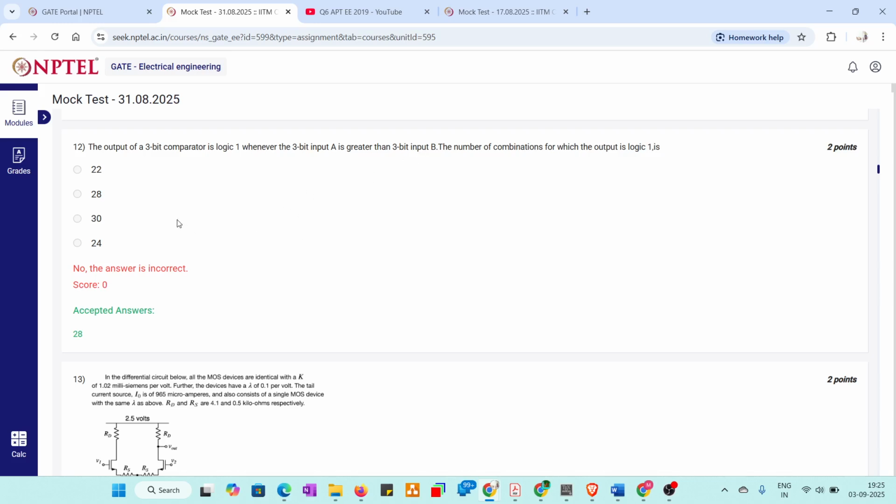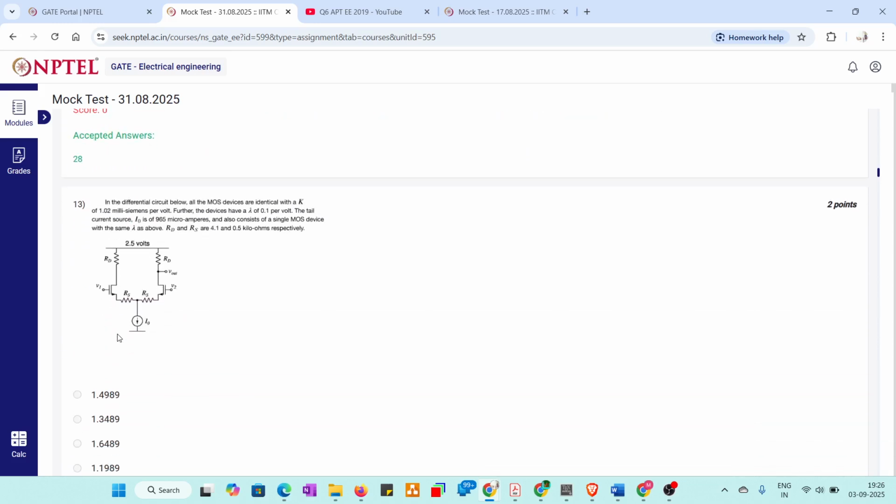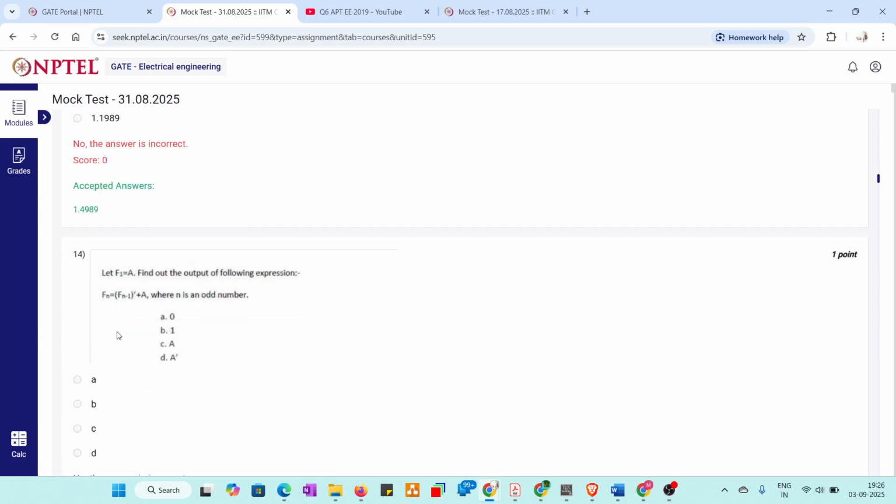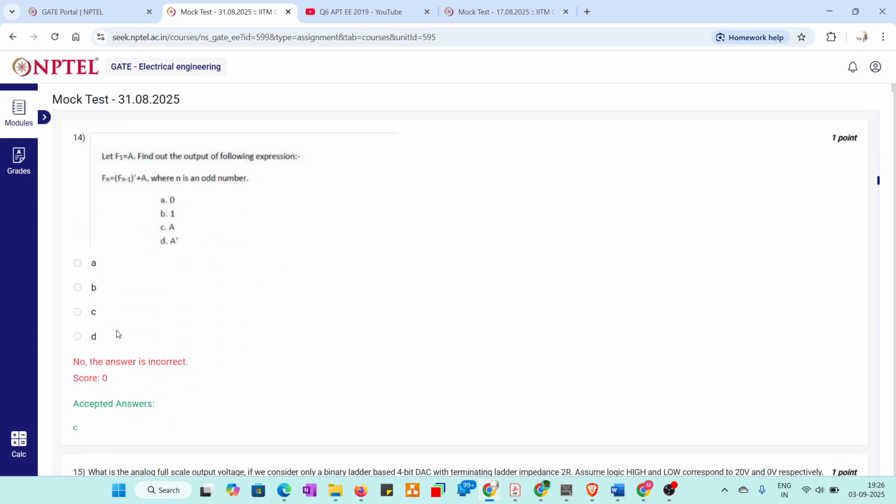Okay, the accepted answer is shown here. Next question. So here's the question, metal oxide semiconductor devices, okay, MOS, they given. So we need to find out the value. Okay, next here.